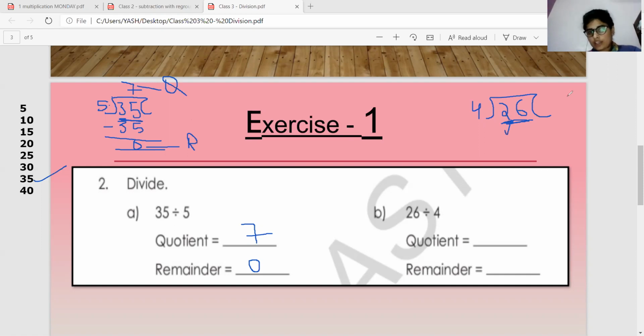And in this question also 2 is smaller than 4. That means you need to take these two numbers together.